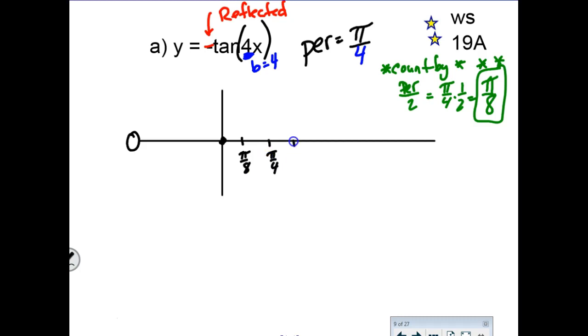For funsies, what's next? 3 pi over 8. And you know what, why not? What's next? Pi over 2, very good. 4 pi over 8 or pi over 2. And then you know what, why not? Let's go backwards. Let's go negative. Negative pi over 8. Negative pi over 4. Negative 3 pi over 8. And I'm going to be out of room. Negative pi over 2.